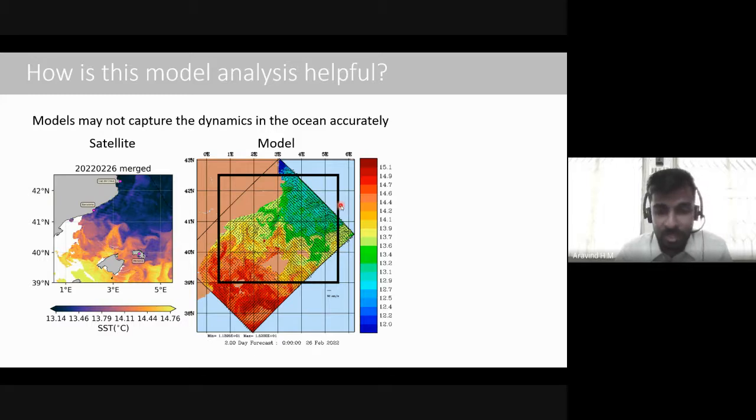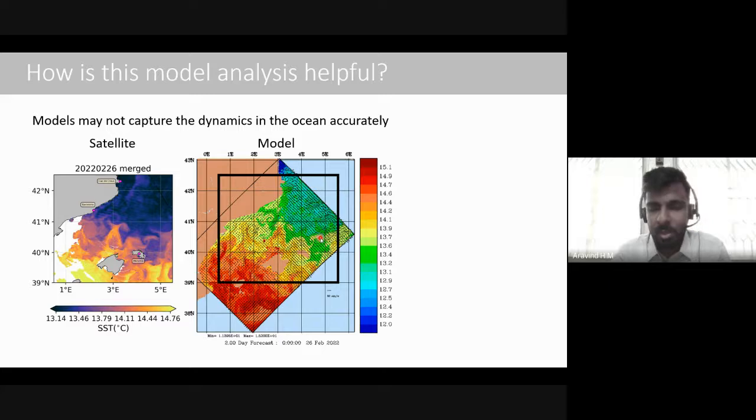So one thing that was quite impressive to me was how well the model was able to capture some of these features that are actually there in the ocean. For example, this feature you see here, where there's a sharp front, is captured pretty well by the model. And some of these eddying features are also captured very well by the model.